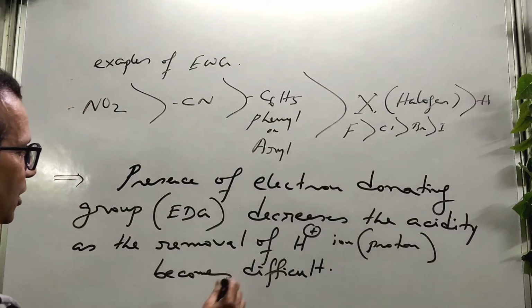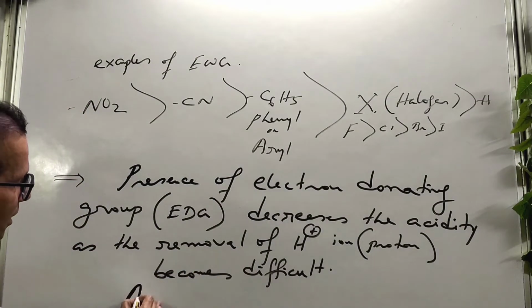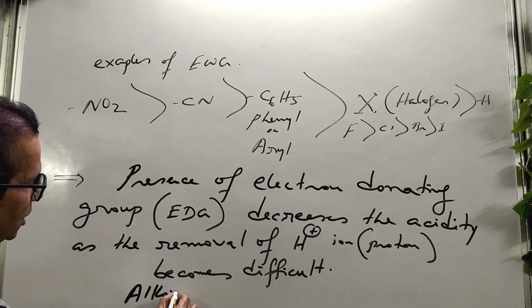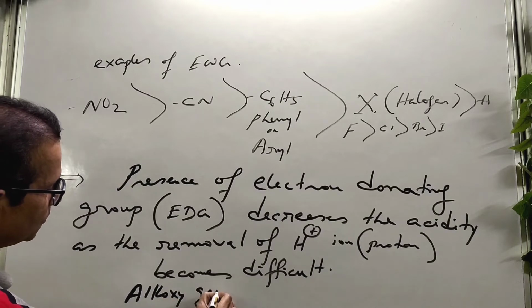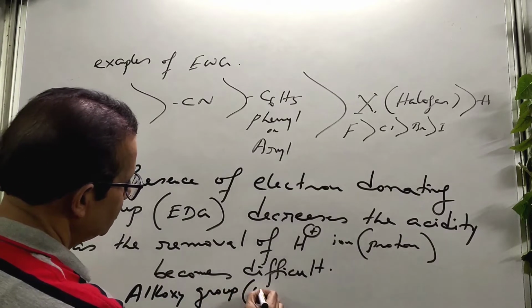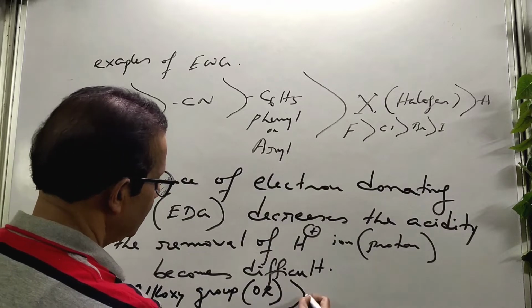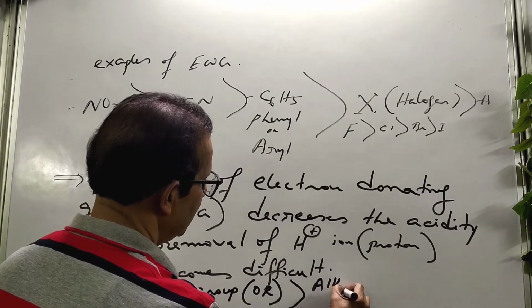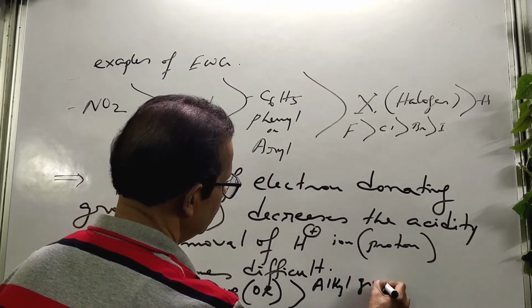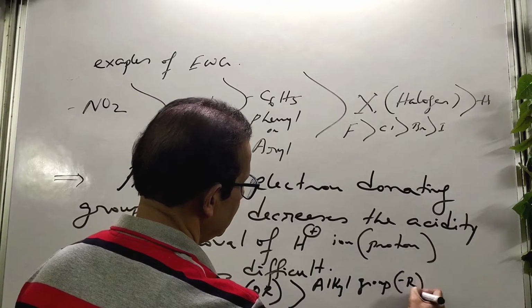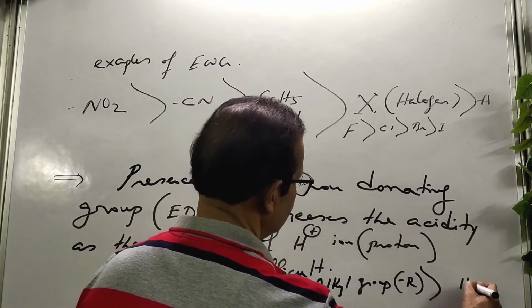So what are electron donating groups? Write down alkoxy groups, that is OR, greater than alkyl group, that is R, greater than hydrogen.